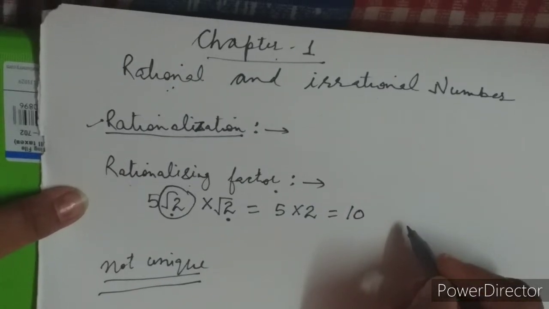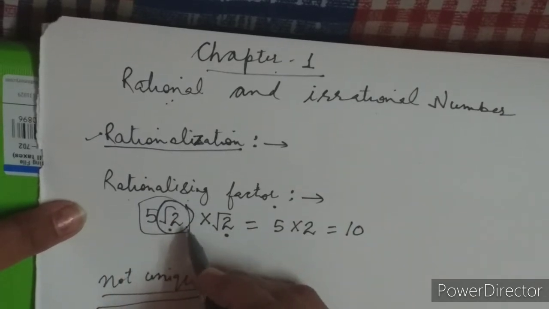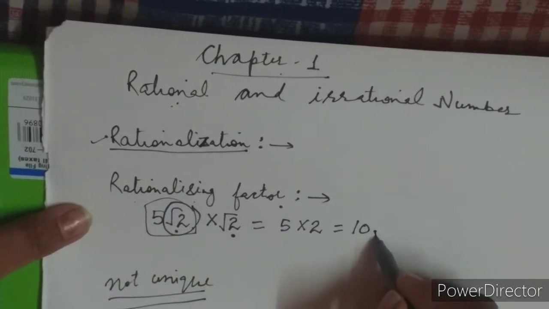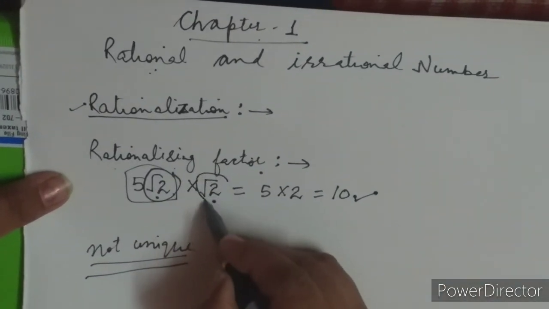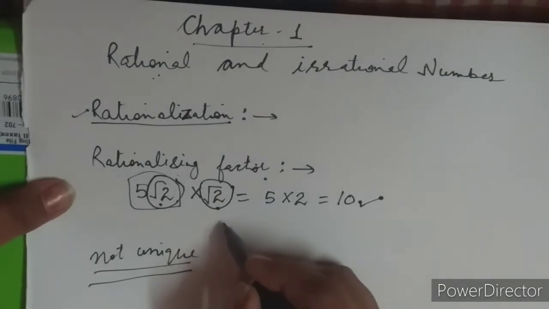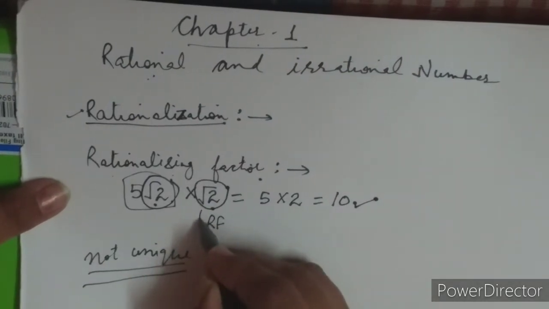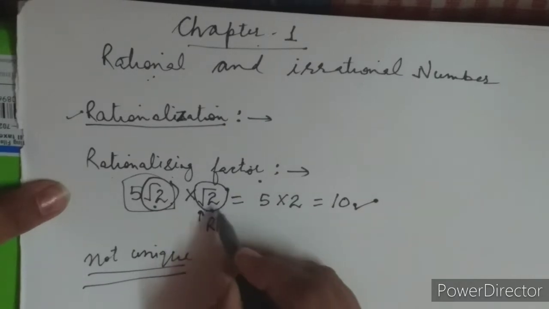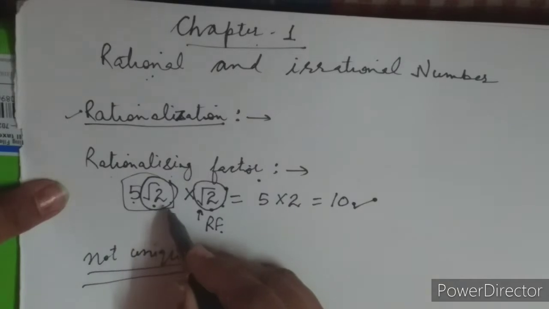What has actually happened? An irrational number has been changed into a rational number by multiplying it with square root of 2, that is, by multiplying it with its rationalizing factor. So I would call this square root of 2 the rationalizing factor of 5 square root of 2.